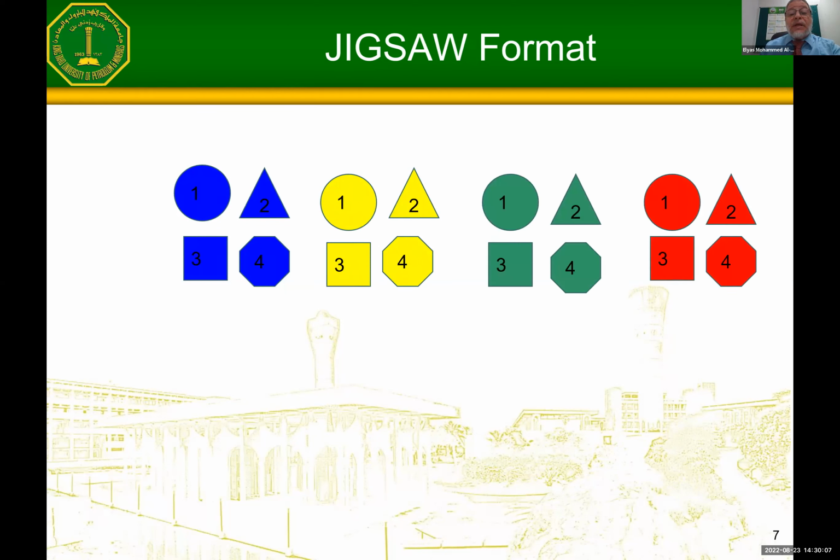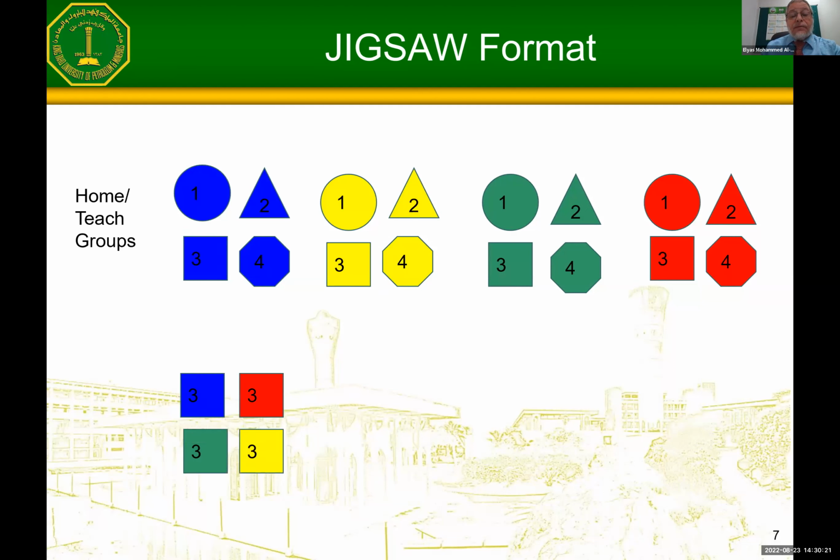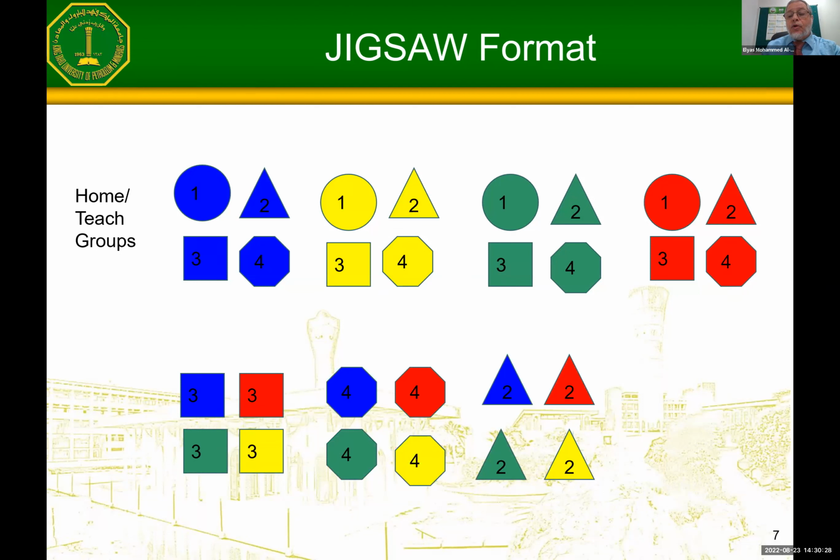Now, after that, these are the original groups or the home groups. Then each student that has the first question will get together. All the students who have question 3 sit together, question 4 together, question 2 together, and question 1.